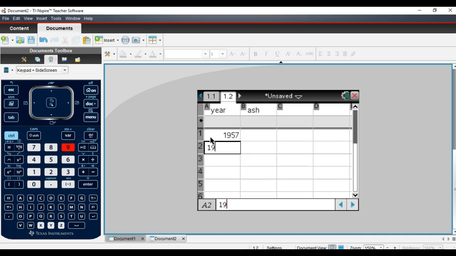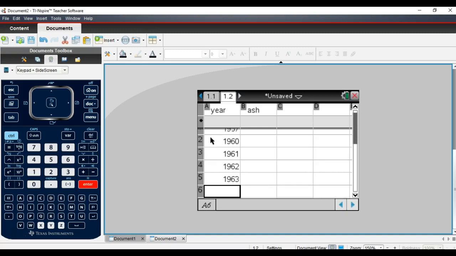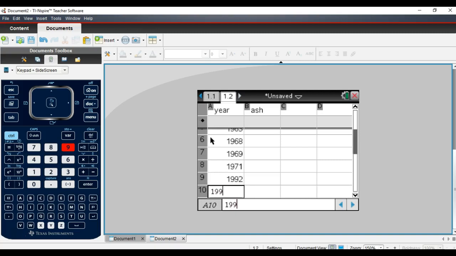So 1957, 1960, 1961, 62, 63, 68, 69, 1971, 1992, 95, 96.